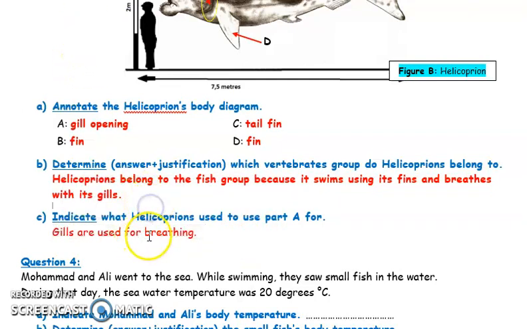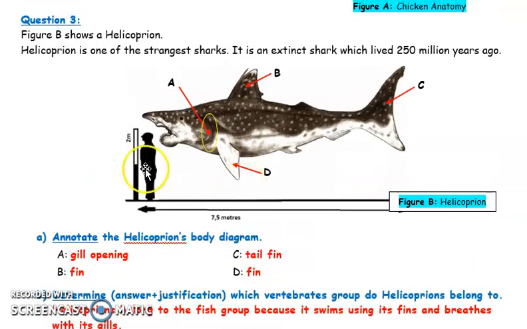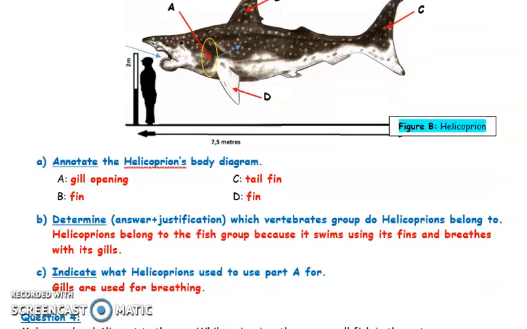How does breathing happen in these animals' bodies? The water goes inside these animals' bodies through the mouth, and it comes outside through the gill opening. While passing through, the gills' job is to absorb oxygen before the water goes out of the Helicoprion's body.